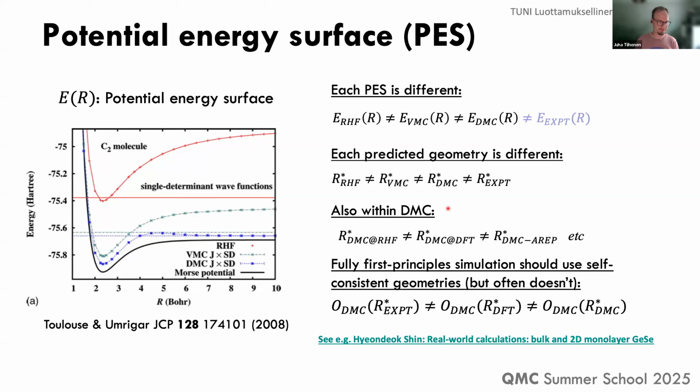So the Hartree-Fock surface is obviously different from VMC and DMC, and therefore each predicted geometry, that is the minimum of energy, is also different, if only slightly.